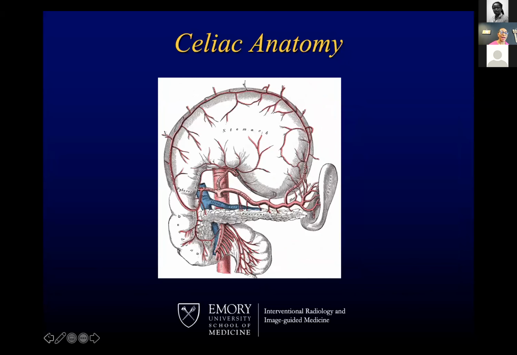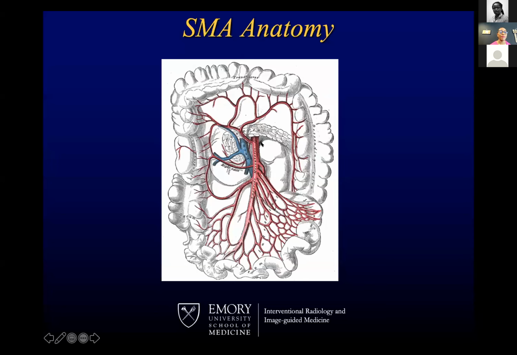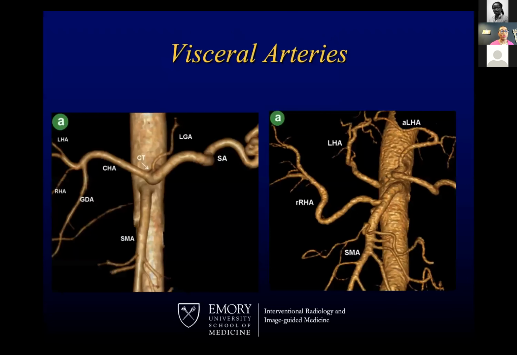But let's go back a little and look at the celiac anatomy. The celiac anatomy consists of the splenic artery, the left gastric artery, and the hepatic artery. We'll go into all of these in more detail, but I wanted to make sure we're recognizing that these are the three arteries we'll be talking about.